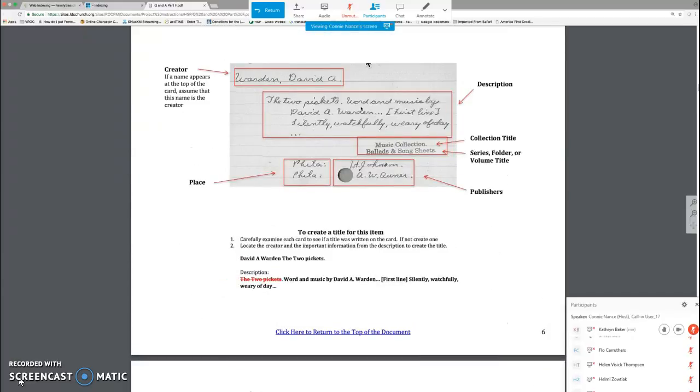Also, when you have a card like this one that happens to say first line, we would type that in and then silently, watchfully, weary of day. If it did not say first line and it just had silently, watchfully, and you know it's a first line, do not type first line. Do not add things to the card.